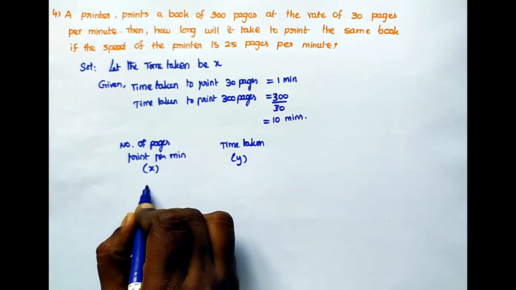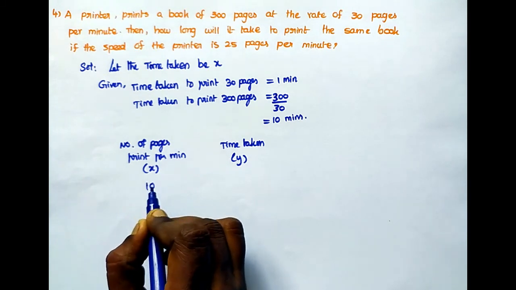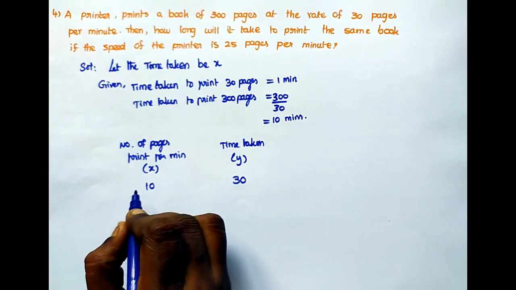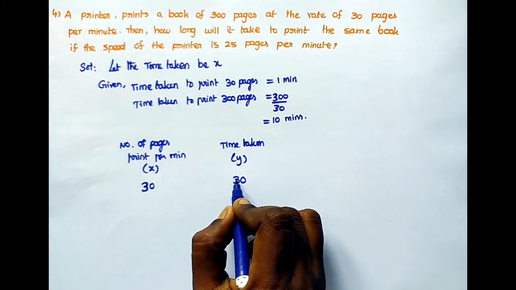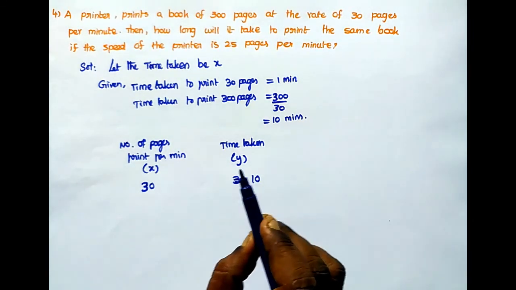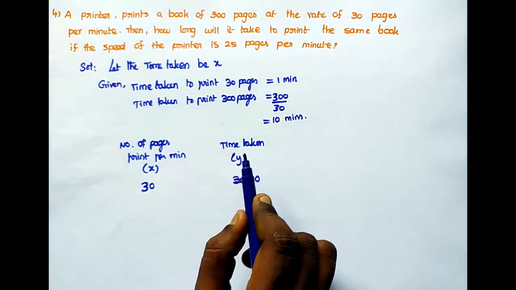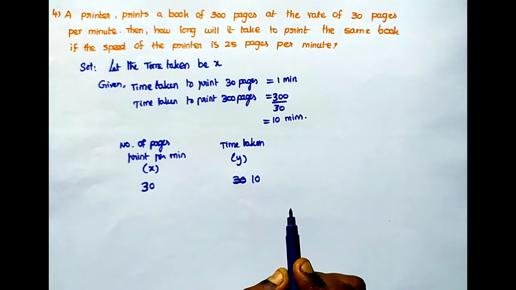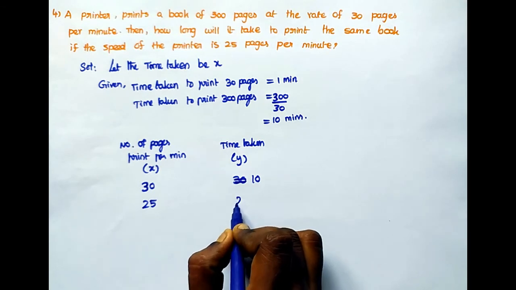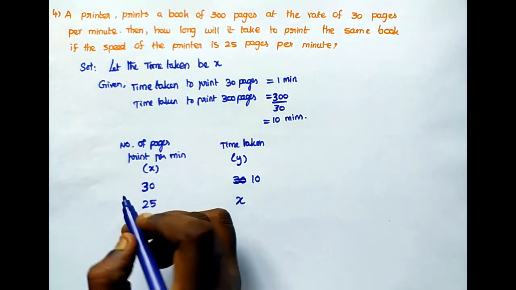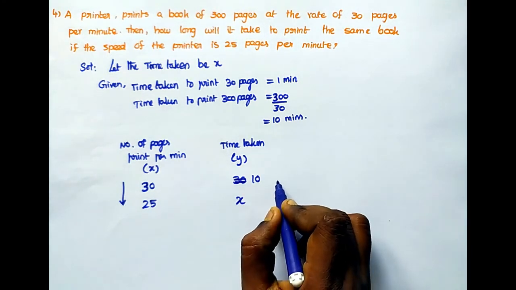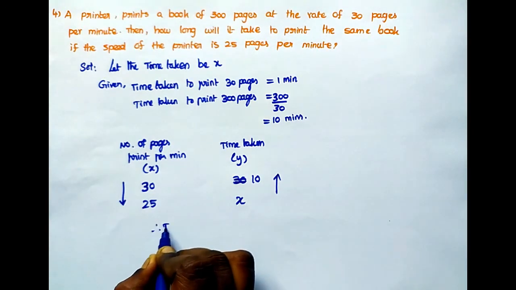Now 30 pages per minute, here 10 minutes. 30 pages per minute means the book is completed in 10 minutes. Per minute 25 pages means how long will it take, that is the question. Here number of pages decreases means time taken will increase. So that is inverse proportion.